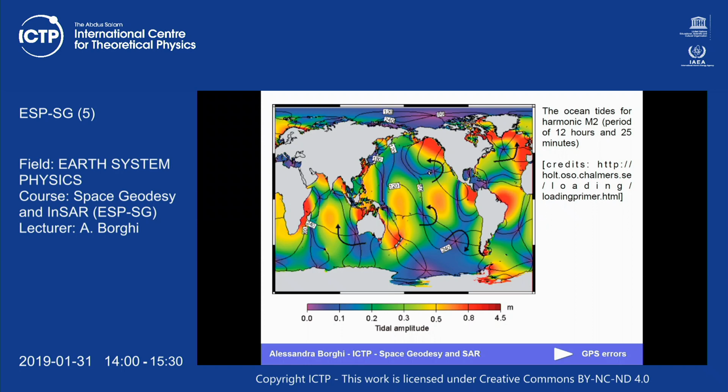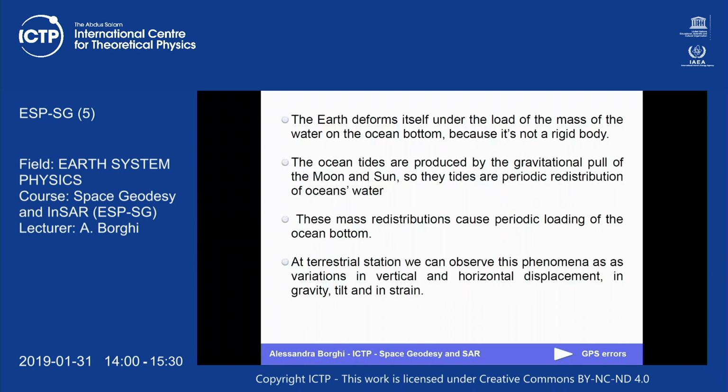So they produce maps of how the ocean loading of these tides changes the Earth. Sorry, I forgot to switch. Sorry. Okay, I forgot to start again. But it's important when you process the GPS data to take this into account and provide the model to the software.